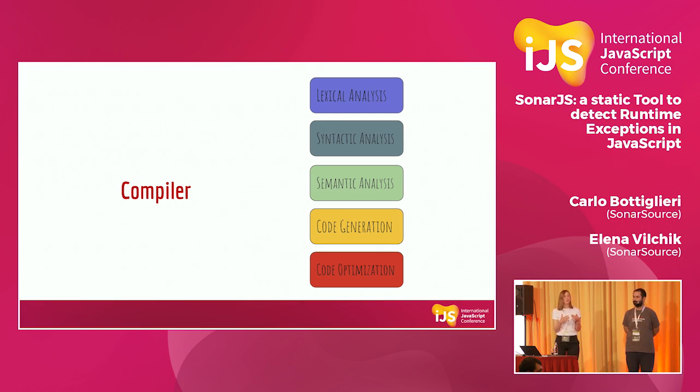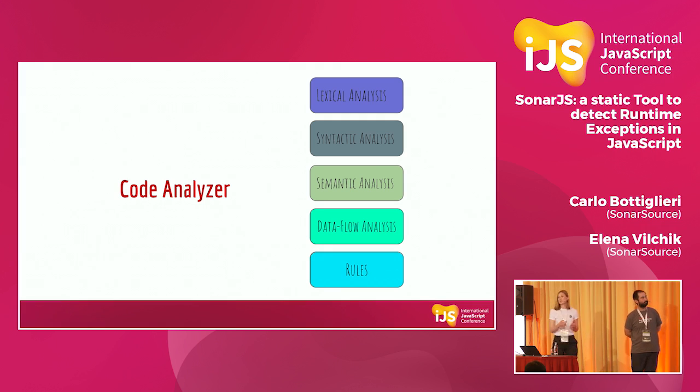For a compiler, for example, we do machine code generation, we do code optimization. That's all required for execution of code. But for a code analyzer, we don't need code optimization. We don't need code as output of the process.